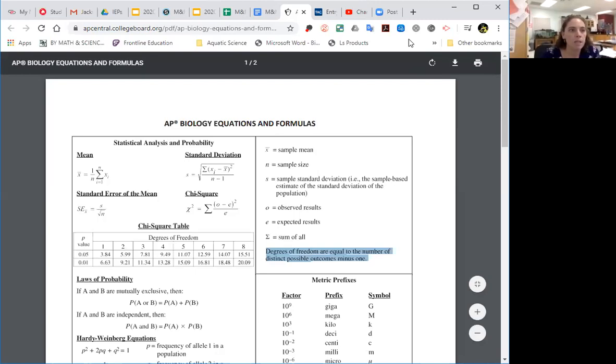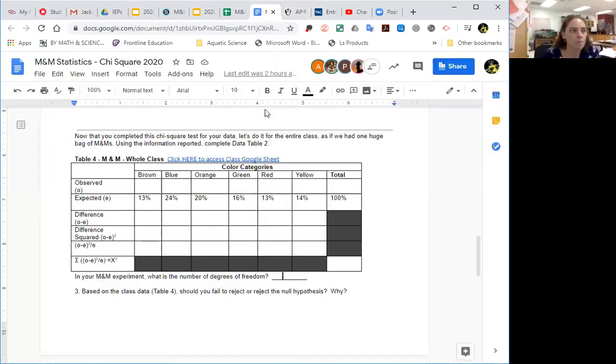So if we come back and look at our M&Ms, we have 1, 2, 3, 4, 5, 6 possible outcomes. So our degrees of freedom is 5, because 6 minus 1 is 5. Then it says, based on the class data, should you fail to reject or reject the null hypothesis, and why?